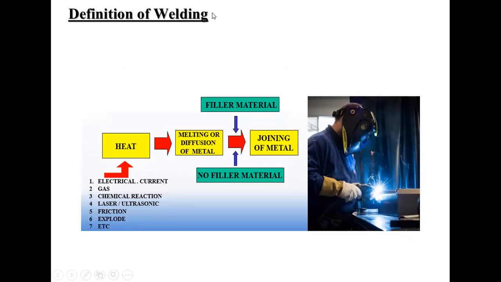There is an option to use filler metal, but this heat can be generated in various ways, like electrical current for arc welding, gas for gas welding, chemical reactions for thermit welding, laser or ultrasonic for laser welding or ultrasonic welding, and friction for friction stir welding, and others are also there. These are mainly the procedures to generate the heat.